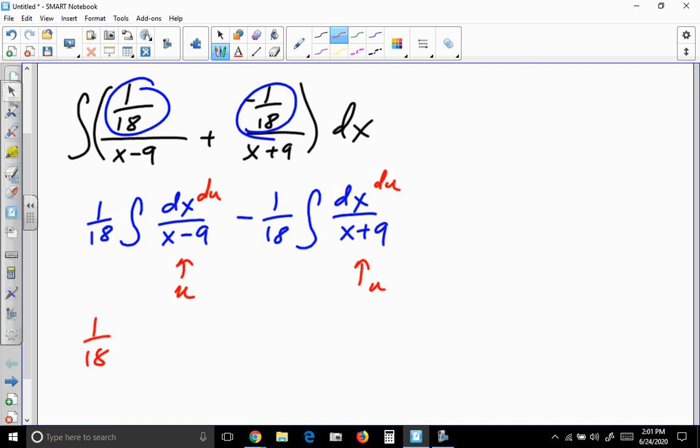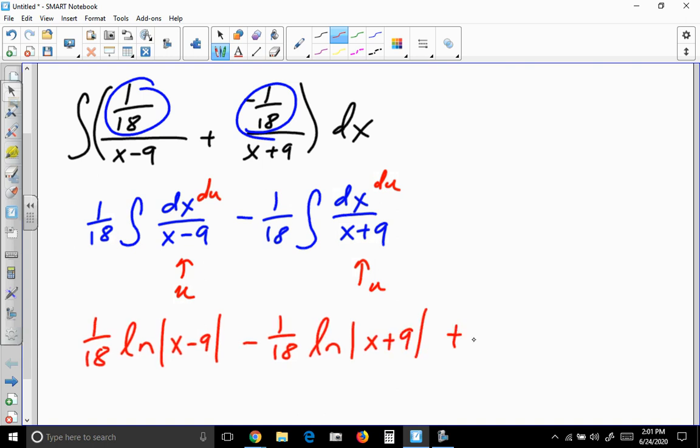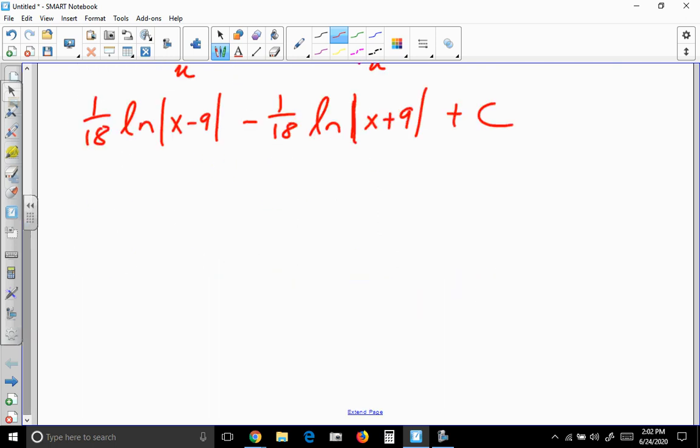The du over u integrates into natural log absolute value of u plus c. And I would be fine with you leaving it like that. The answer that they show, we could factor a 1 over 18 out, and that gives us this.